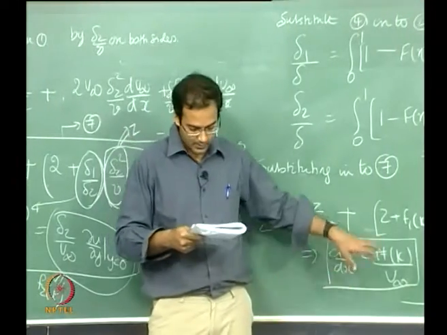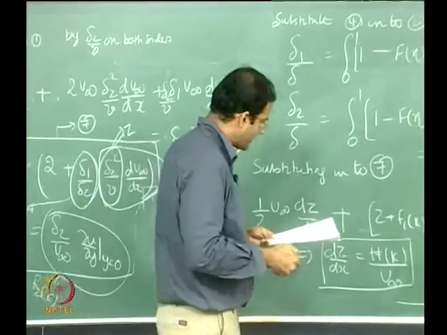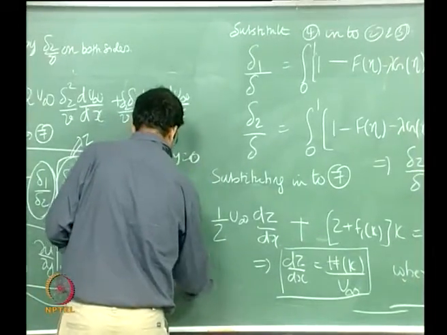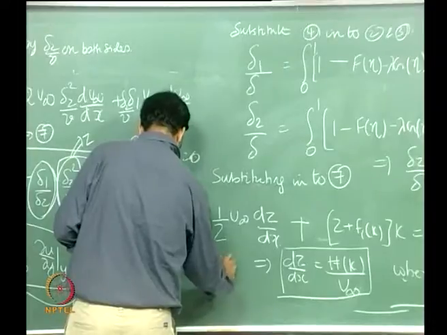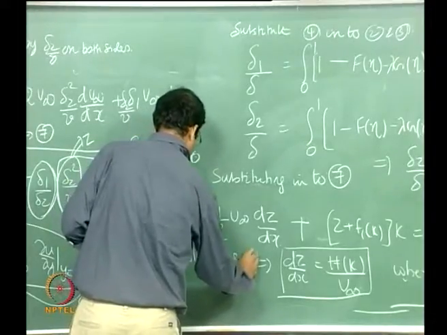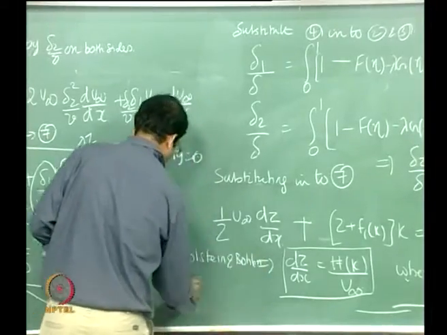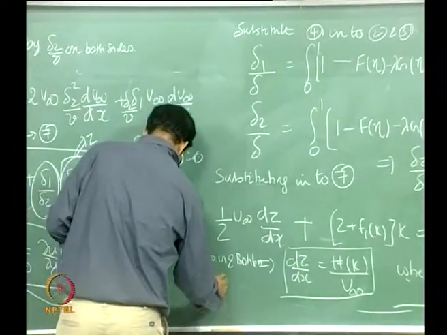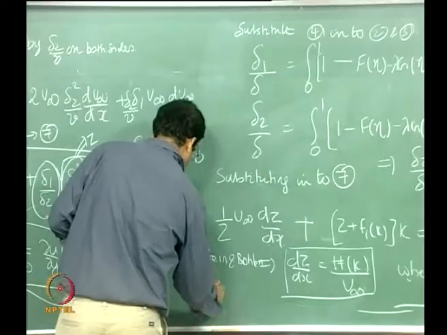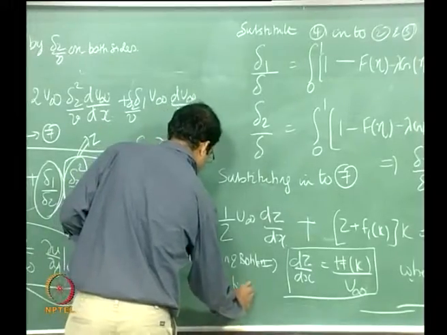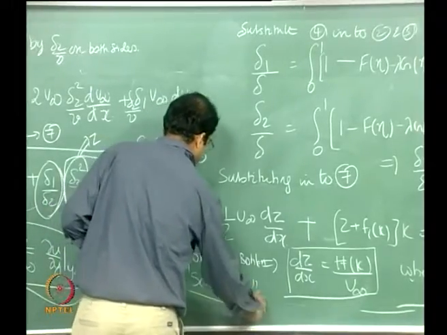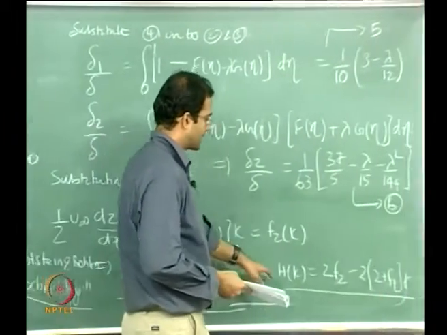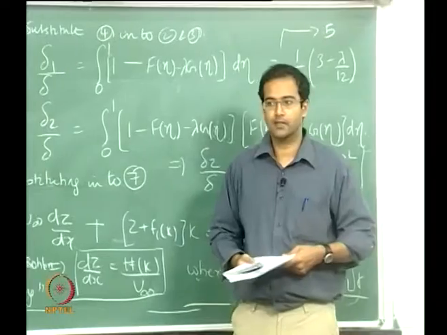Okay, so in fact all this had been tabulated by Holstein and Bohlen, and in the book Boundary Layer Theory by Schlichting, he has tabulated all these values, f1, f2, k, h of k as a function of lambda. Okay, this has been tabulated.